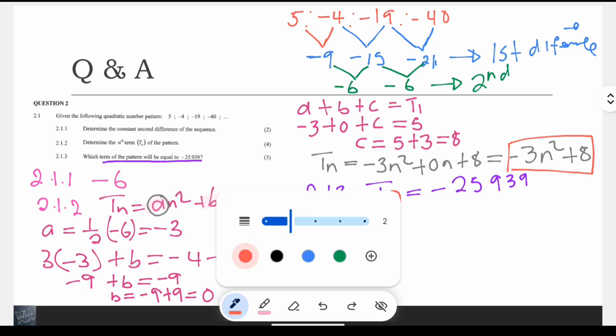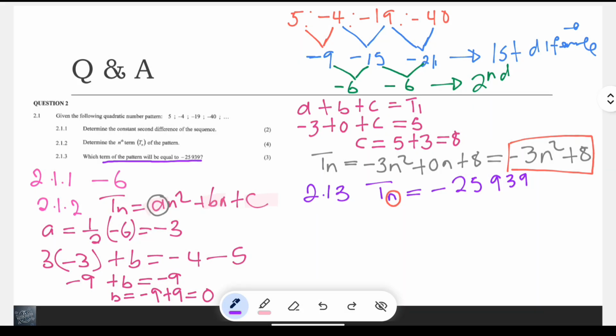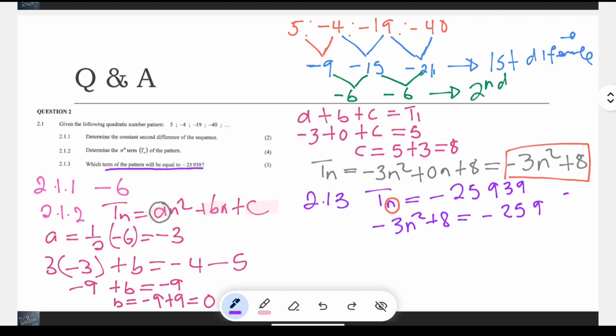Let's move forward, and then we're going to substitute that. Our Tn is minus 3n squared plus 8, which is equal to minus 25939. Okay. So we take 8 to the other side. Taking 8 to the other side, that will be minus 3n squared, which is equal to minus 25939 minus 8.